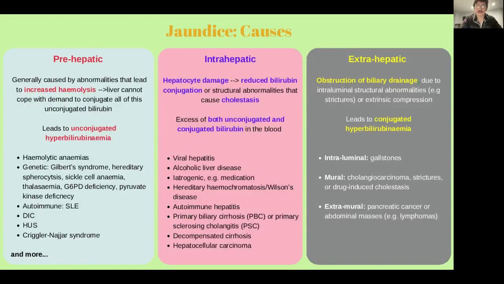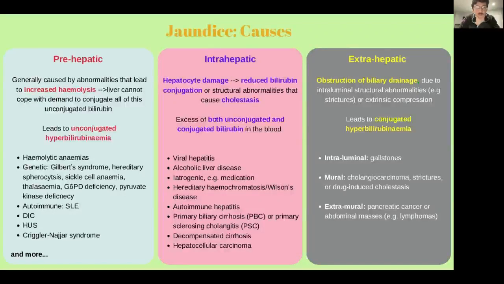So prehepatic, generally to do with hemolysis, hematological disorders, spherocytosis, sickle cell, hemolytic anemia, anything where the red blood cells are being damaged or they're not great. And it causes an unconjugated bilirubin, okay, because this is before the bilirubin has been conjugated in the liver.